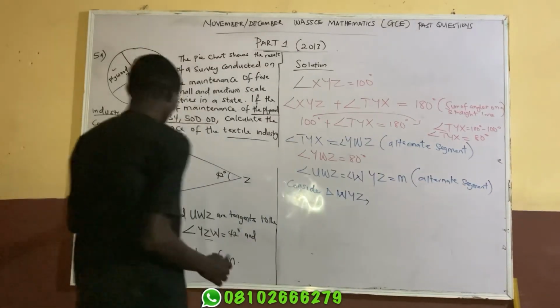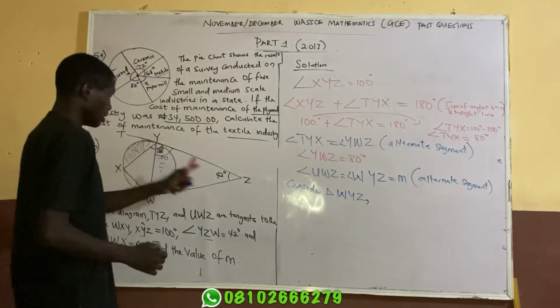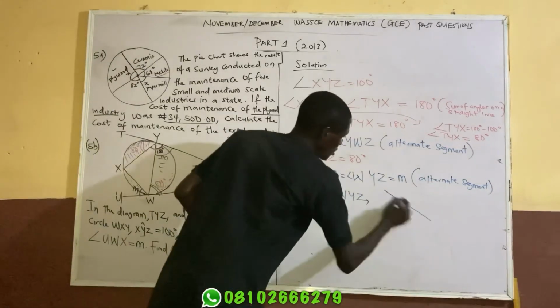So we consider the triangle WYZ, which is something like this.